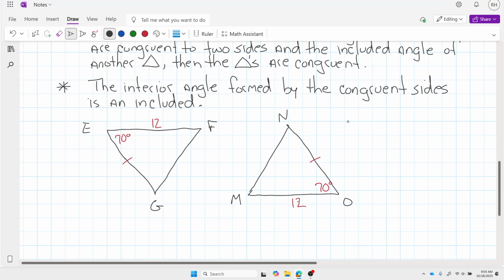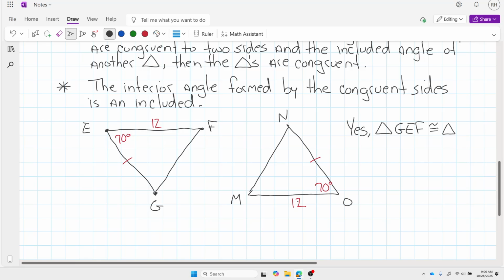We can say yes. Again, you can describe the triangle on the left first in the congruent statement. You can go any order with the vertices. I'm going to go GEF. Triangle GEF is congruent to triangle.